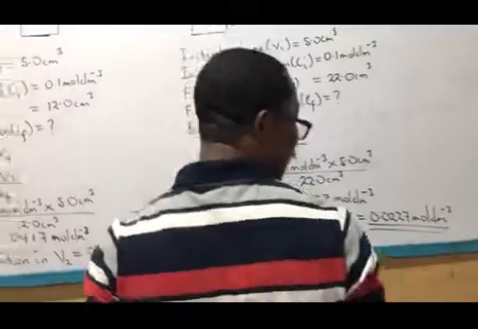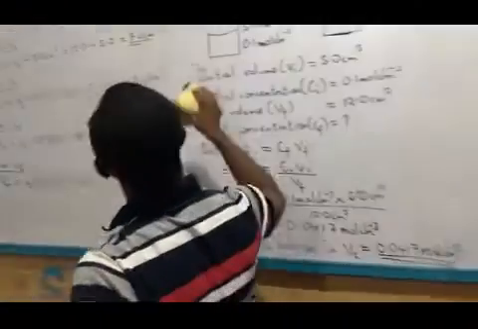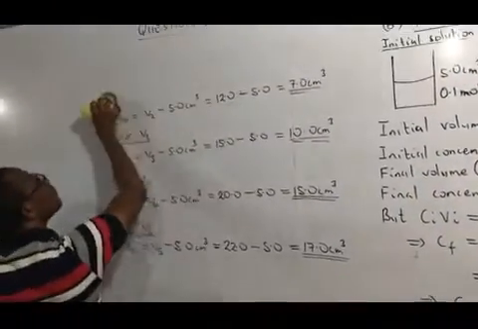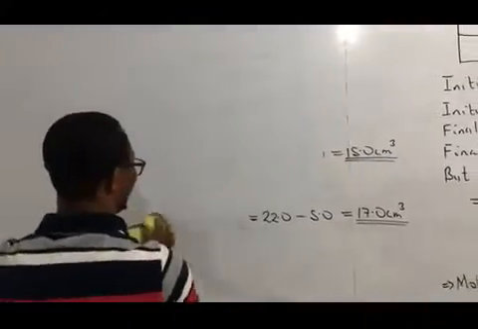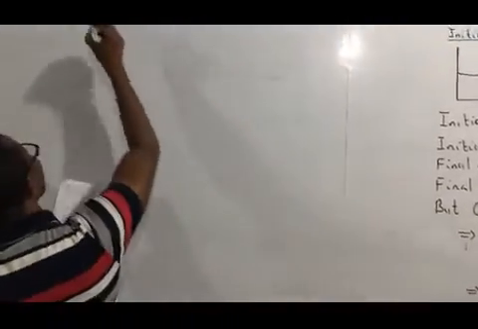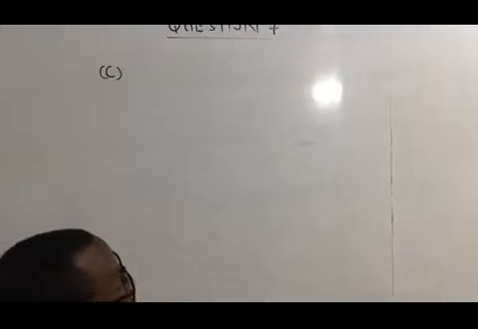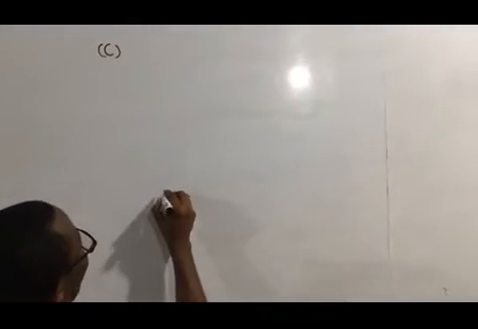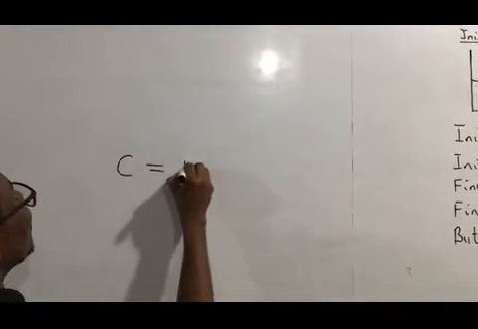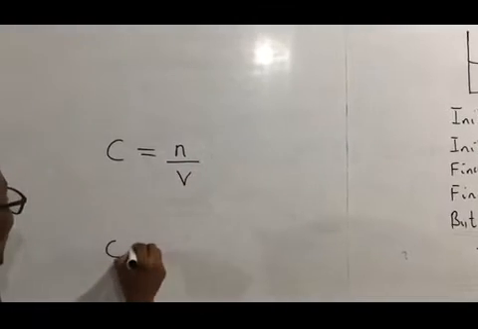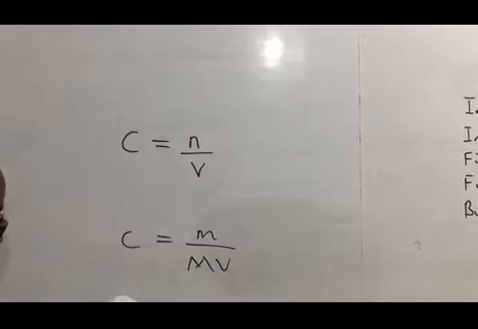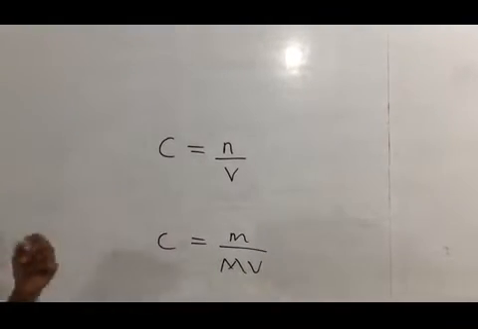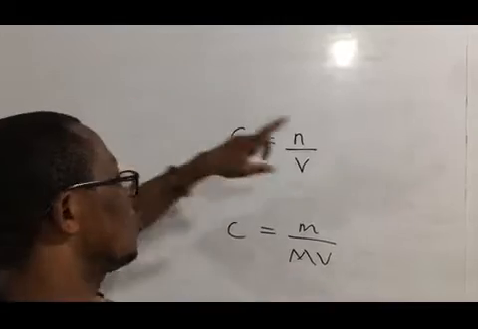Now, for C, yesterday I said that we have C calculated as N over V. Your C is also calculated as mass over molar mass times volume. Usually if you hear the word amount of substance, it has to do with mole.